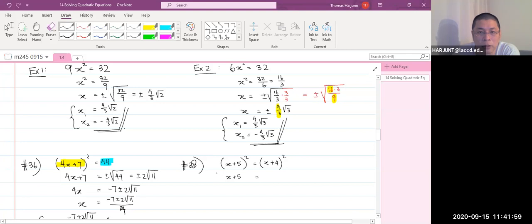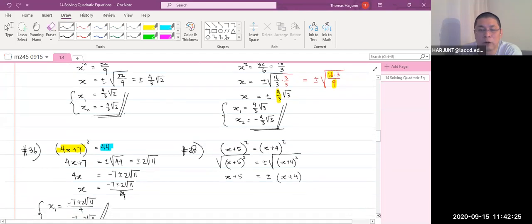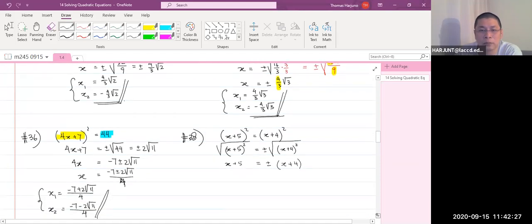So that will be the square root of x plus 5 squared equals plus minus the square root of x plus 4 squared. Now the left-hand side, the square root cancels the square. The right-hand side, same thing, the square root cancels the square. But I have the grouping there. Now remember I told you to split it, right?